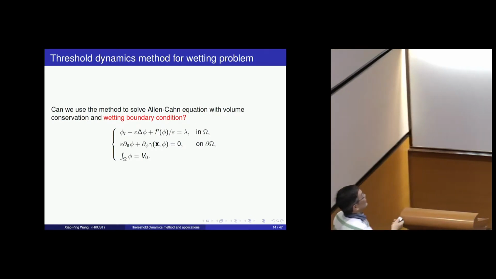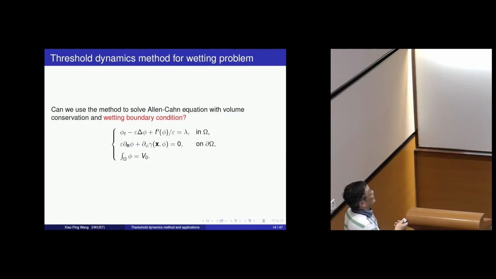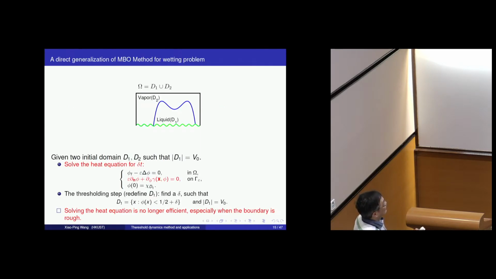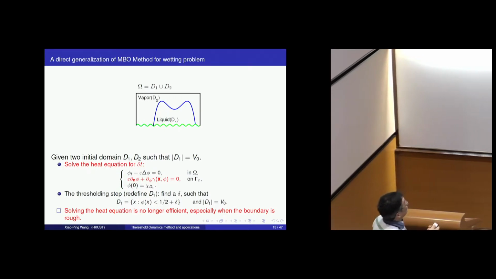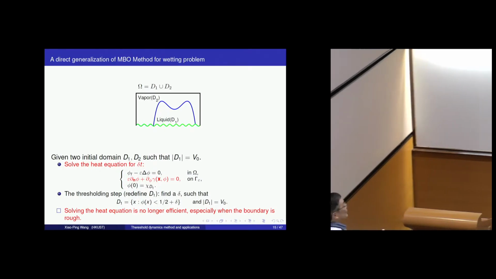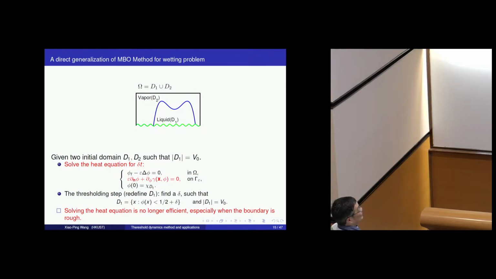I mentioned, can we use the threshold dynamics method for a problem with a solid boundary, when the interface intersects with the solid boundary. Of course, you can directly generalize the original MBO for this problem.